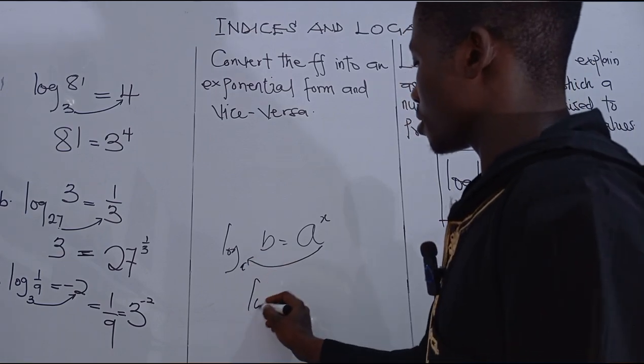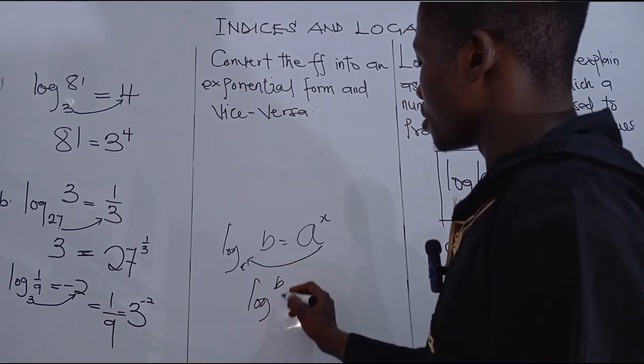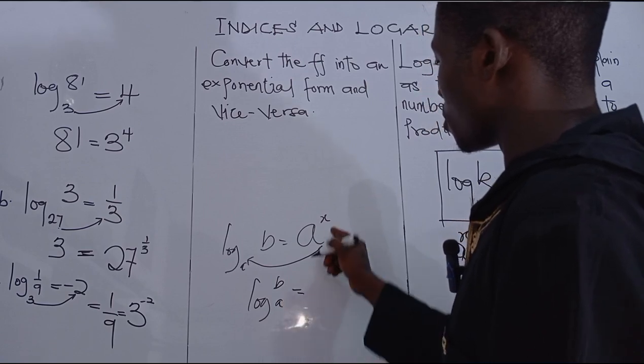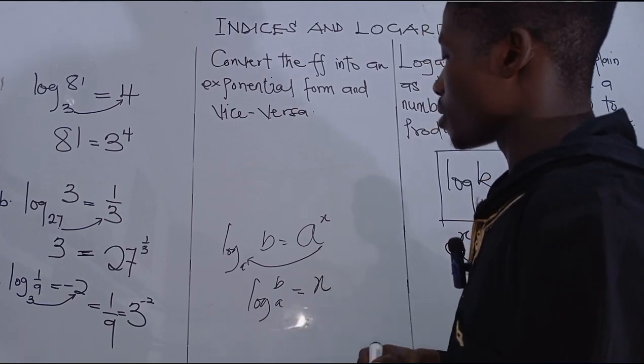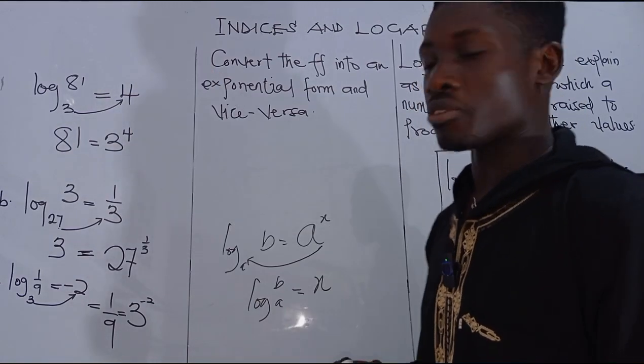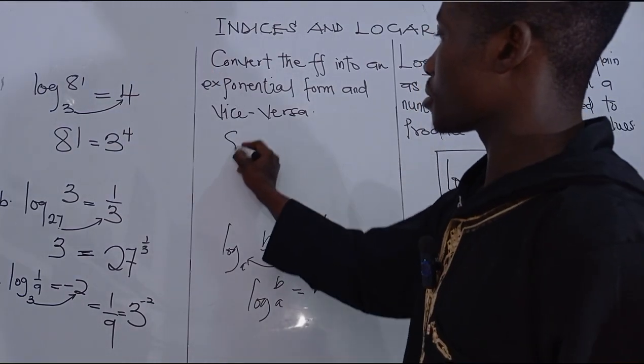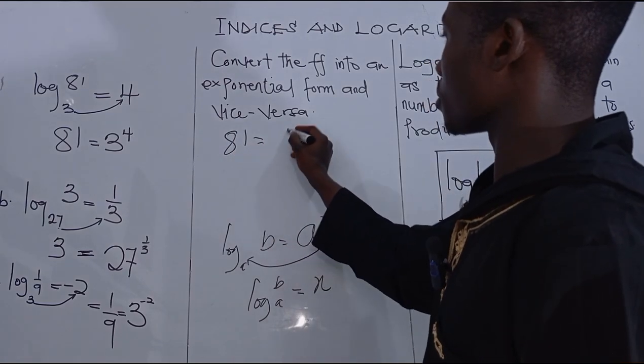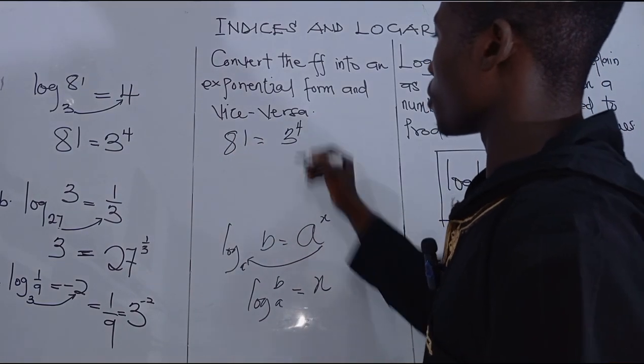So you have log of b to the base of a is equal to x. So we are going to apply this concept. We have 81 is equal to 3 raised to the power 4.